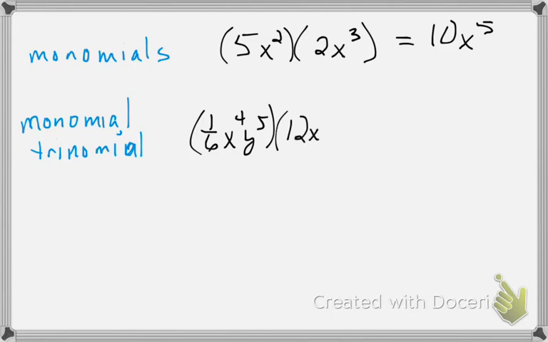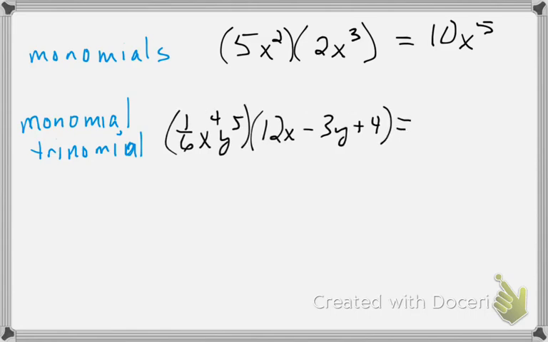Times 12x minus 3y plus 4. What does this look like? Yeah, distribution. Can I distribute that monomial to each term in the trinomial? I drew arrows, so that's a hint. Yes.